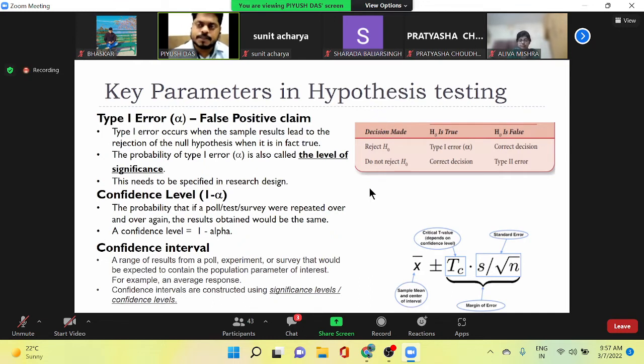Think about the other scenario, right? A person has normal flu, he doesn't have COVID. He goes for a test. So what happens? He doesn't have COVID, so the test should say that no, that person does not have COVID. So H0 is actually true.